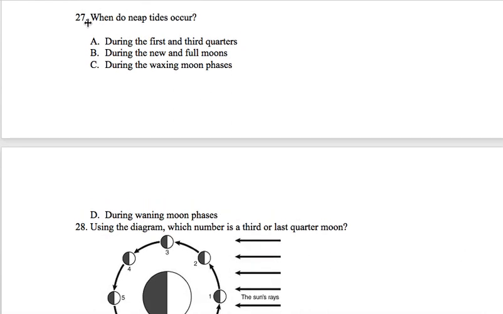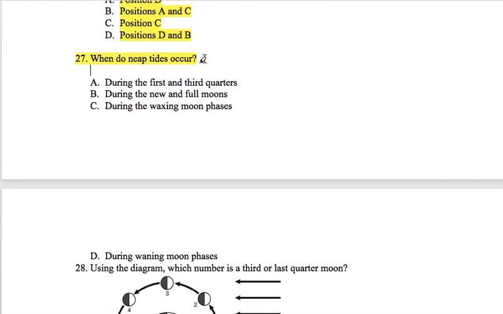Number 27. When do neap tides occur? A. During the first and third quarters. B. During the new and full moons. C. During the waxing moon phases. D. During the waning moon phases.